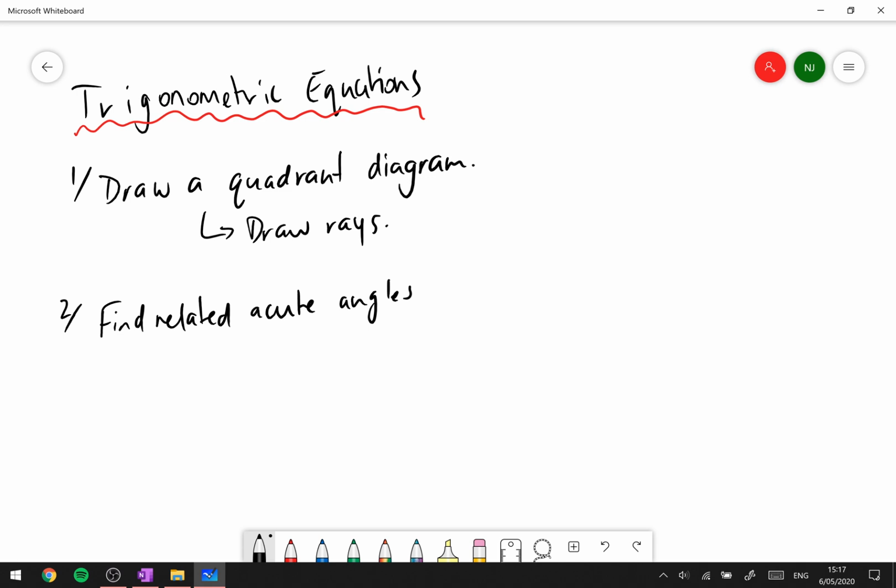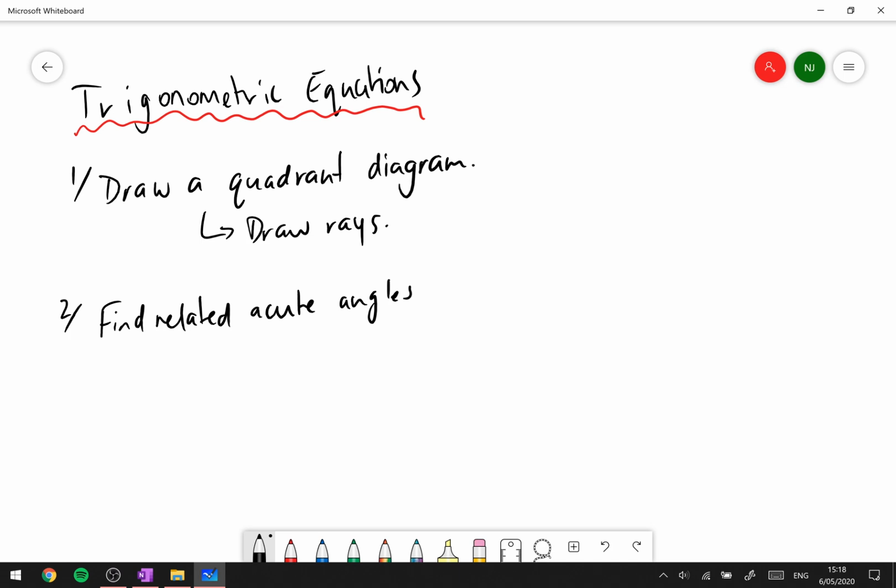Even if we do have negative numbers, we're going to treat them as if they were positive anyway, and then just apply the negative. Because if we're doing one that we don't know the special angle of, or the exact value of, we're going to have to use our calculator to approximate, and we can't really put a negative number into our calculator for it to reliably work.